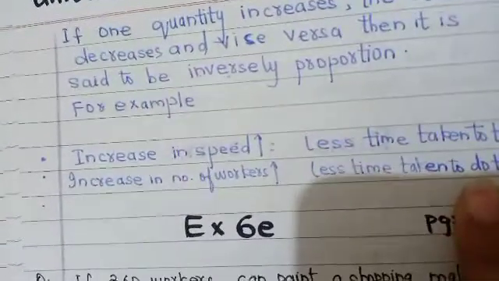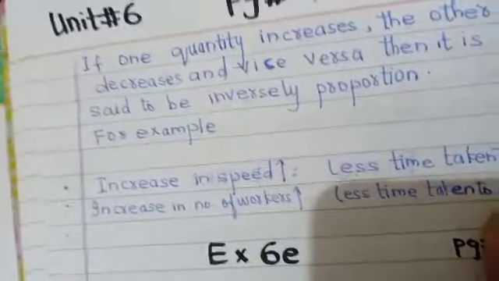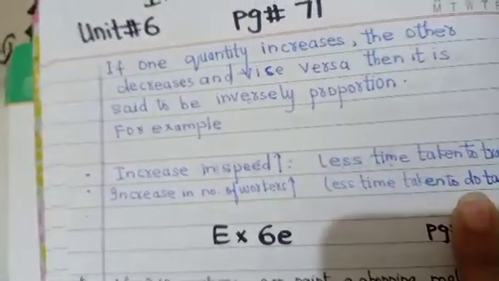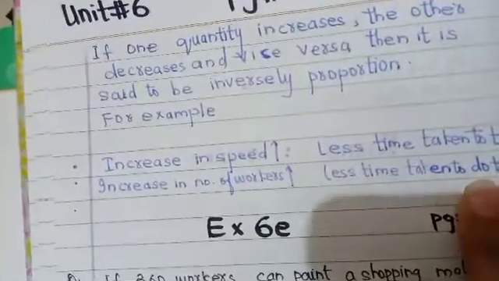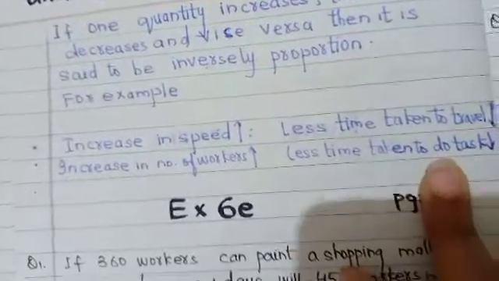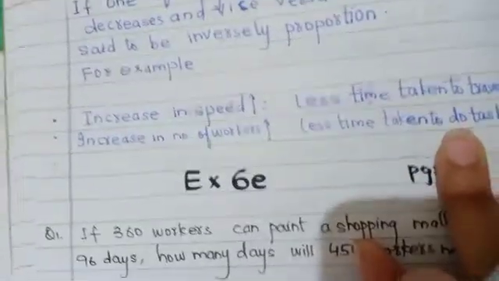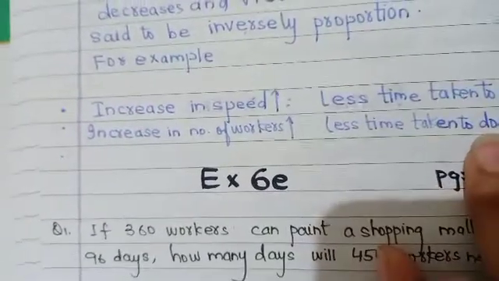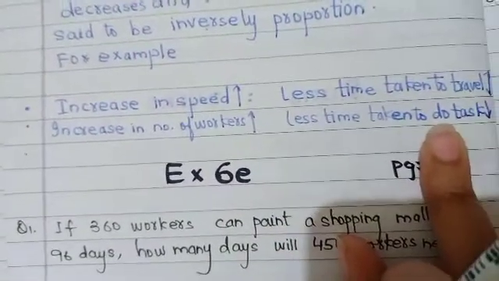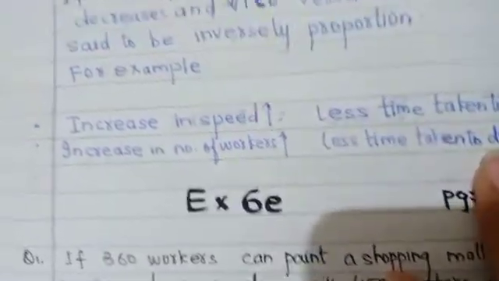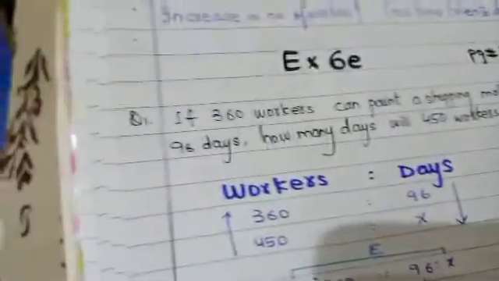Definitely 2 students will not be enough, I will require more students. So now I need 4 students to do the same softboard decoration in 15 minutes. When I increase the number of students, the time taken to do the same work reduces. So this is also called inverse proportion.